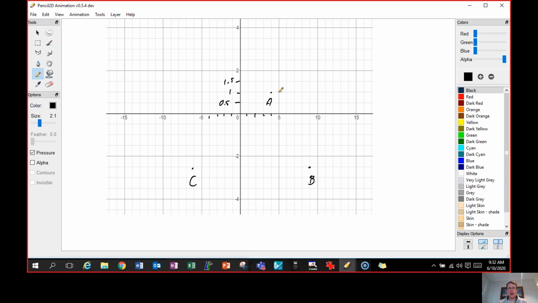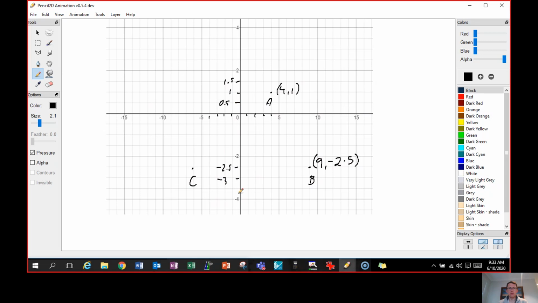So coordinate A would actually list the x first, for 1. If you didn't realize the scale, maybe stop there and have a go at figuring out B and C. B, if we move across, would be 9 and negative 2.5. I shouldn't say minus 2.5, because it's actually a negative number, negative 2.5, because notice this is going to be negative 3, therefore that's going to be negative 2.5 between those.